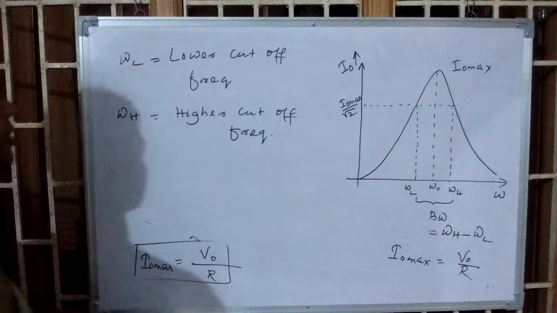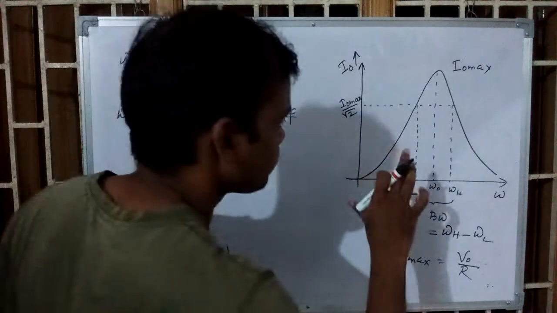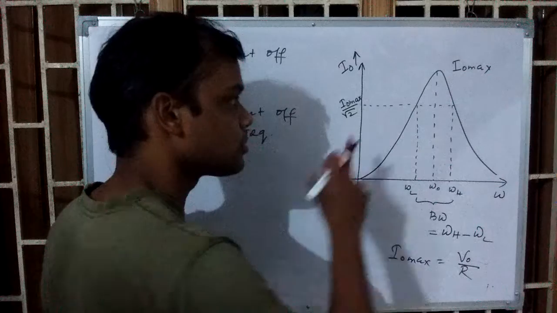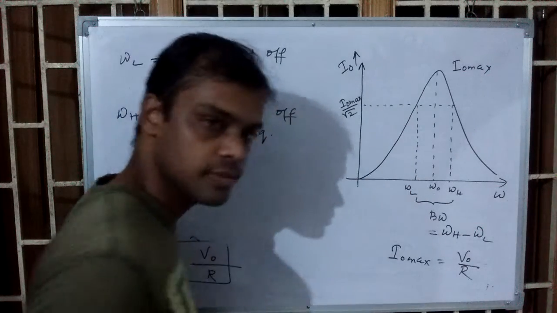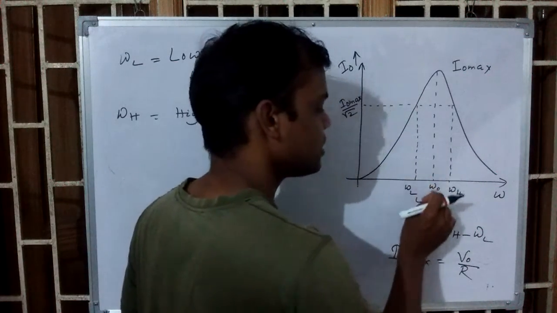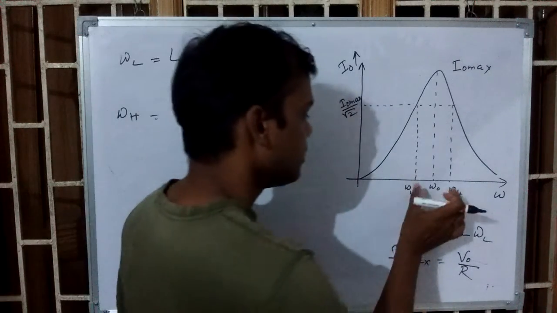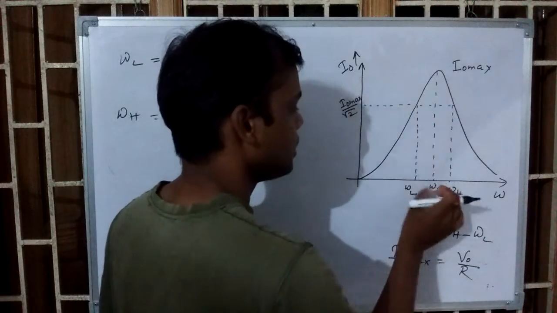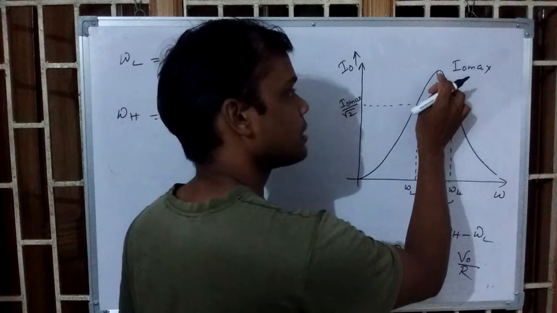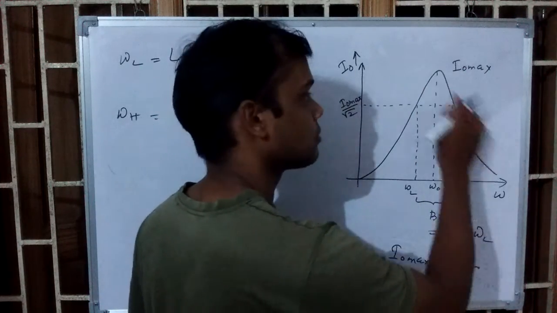Now let us try to understand what sharpness of resonance is. Resonance is the condition when I naught attains its maximum value. Now look, if this frequency is not constant but varying, then sometimes it will be below I naught max in this direction or in that direction.